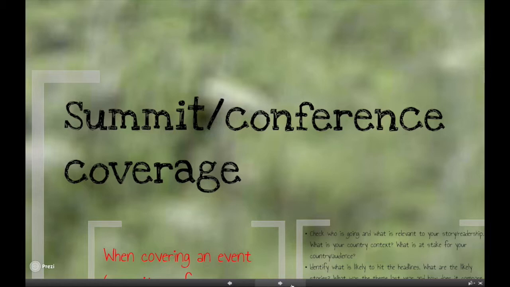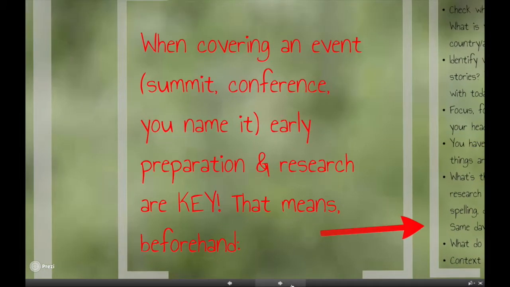I told you about how to pitch a story, what to include in a development story. How to cover a conference that is dedicated to development or the environment?